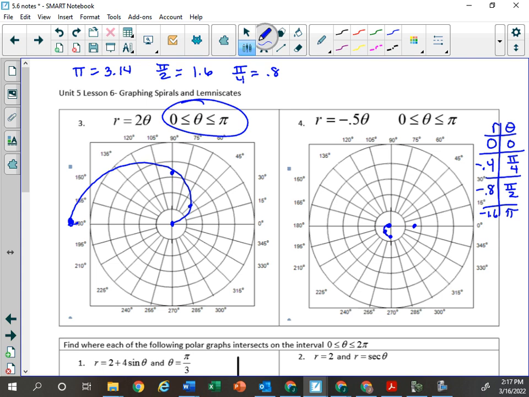So you've got this small little spiral. Questions on that one? Everybody good on the graphs for today so far?